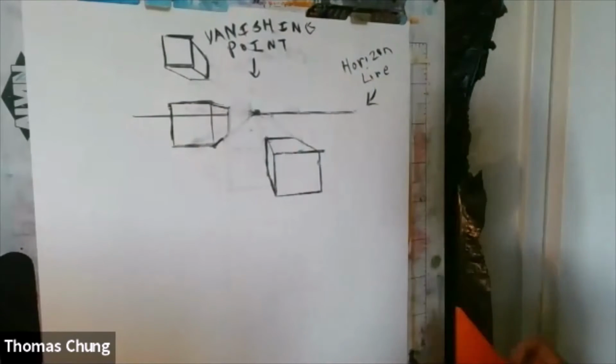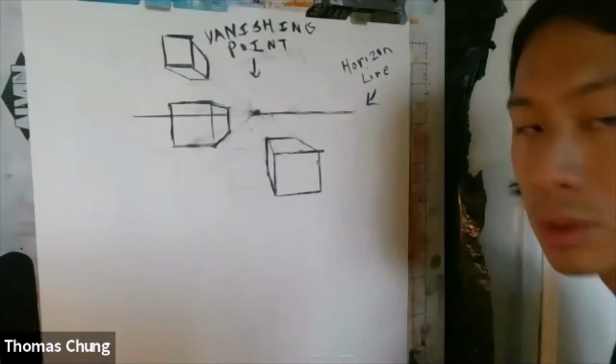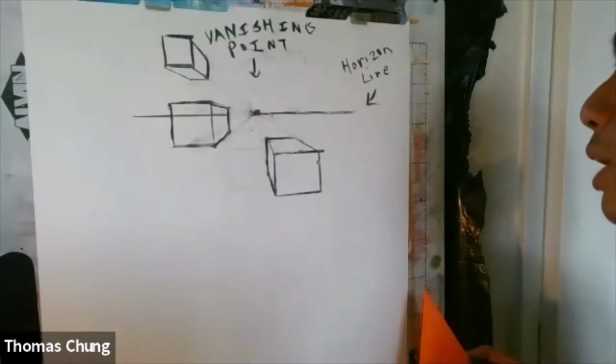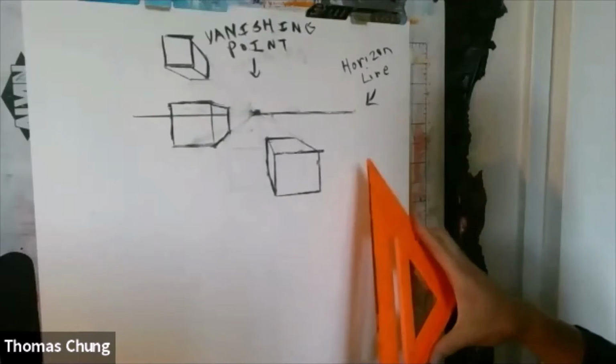So one last thing I want you guys to do with 1-point perspective, and 1-point perspective is my favorite. You can employ it. A lot of those images I showed you from the Renaissance, those were just 1-point perspective, a lot of them, and a lot can be done with just 1-point perspective.